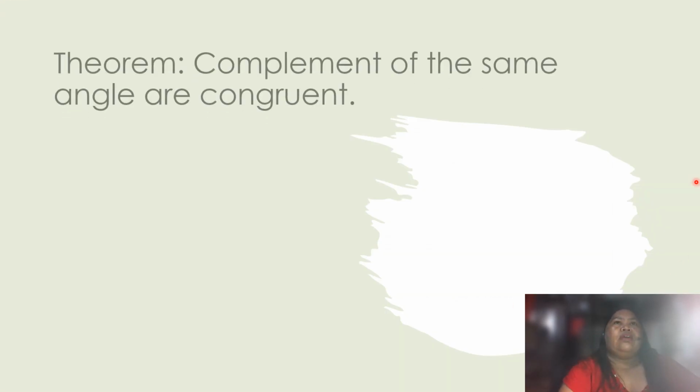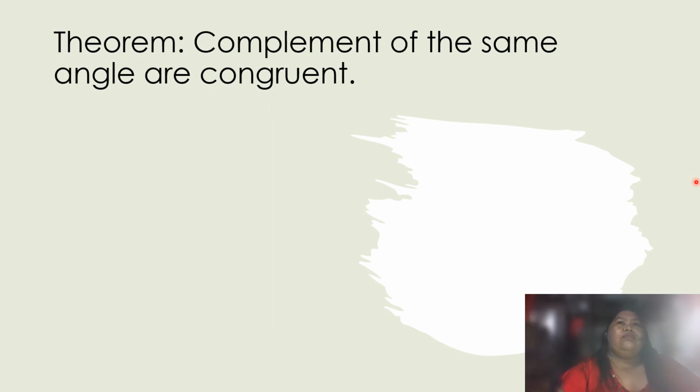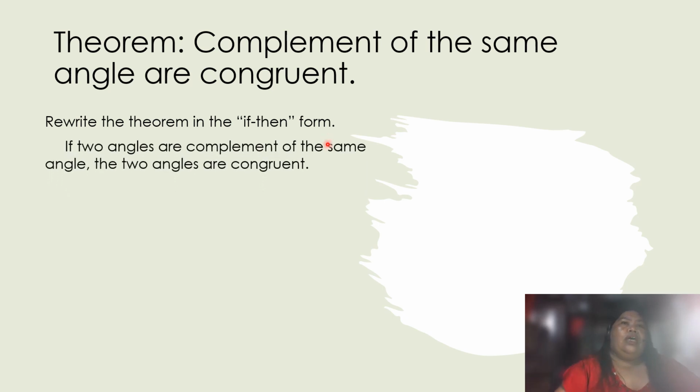Okay. Next, so we have theorem. These are complement of the same angle congruent. Okay, let's see. We write the theorem in if-then form. Okay, so if two angles are complement of the same angle, the two angles are congruent. Given angle 2 and angle 1 are complementary.